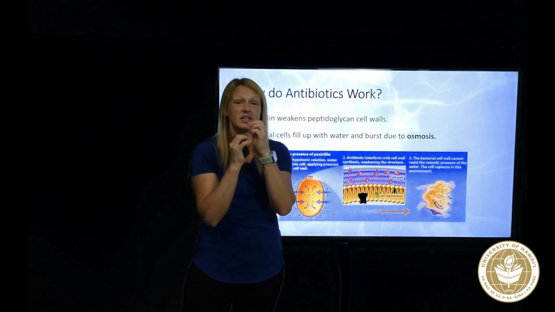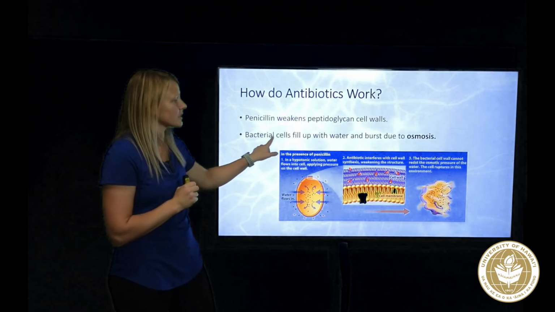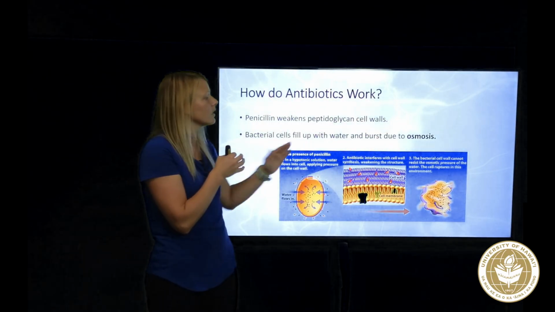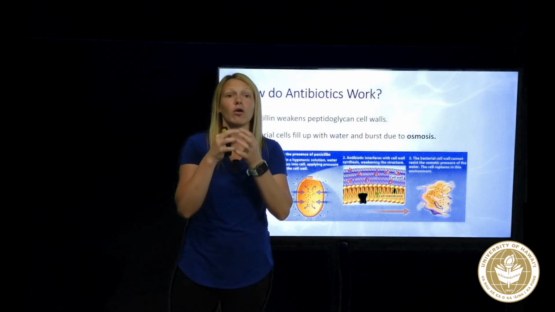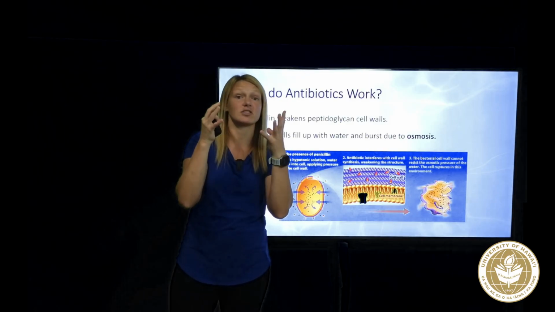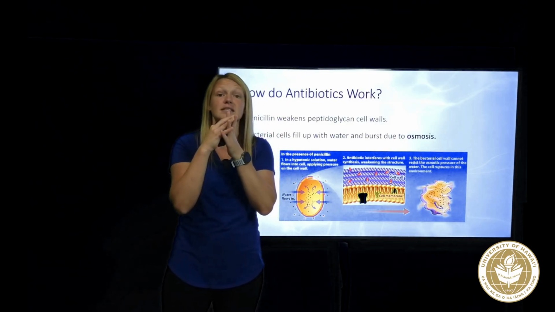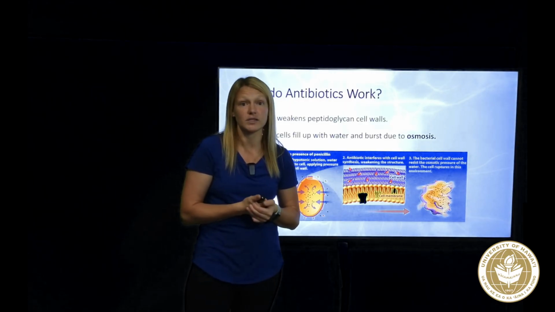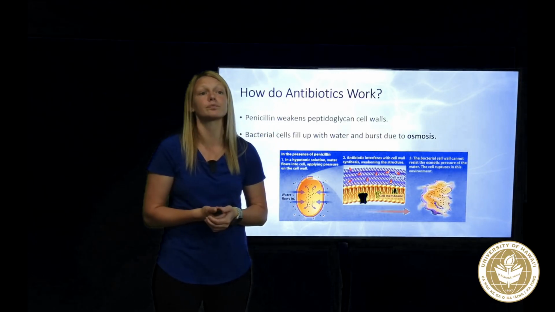So when that cell wall starts to break down, those bacteria cells are going to fill up with water from the environment that they're in. And as we talked about, as cells start to swell, there comes a point where they just can't swell anymore. And what happens is they lyse, or burst, due to that process of osmosis that we talked about.